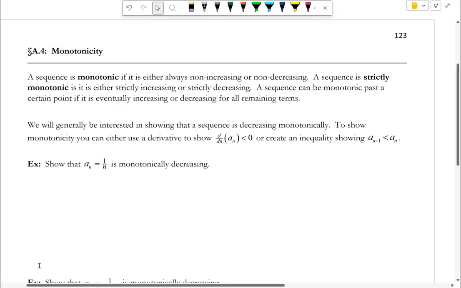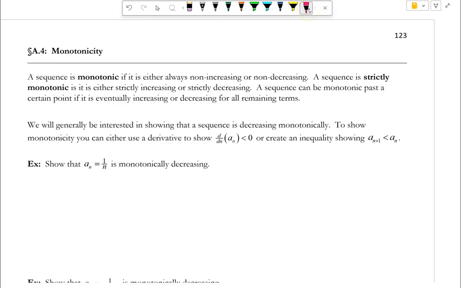So, for example, a sequence that is non-increasing could be a sequence that is decreasing. But another non-increasing sequence could be a sequence that is sometimes constant or sometimes the same, but then otherwise decreasing.